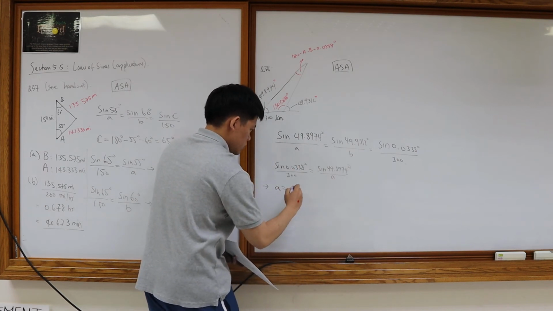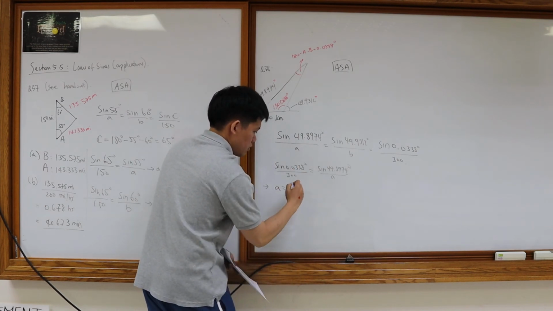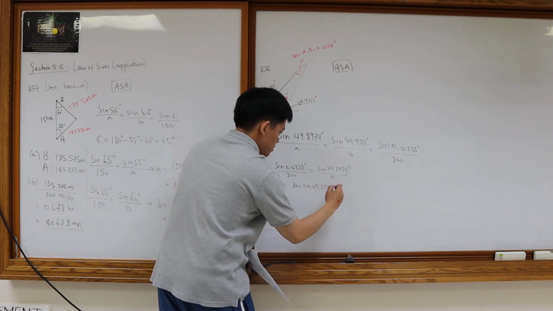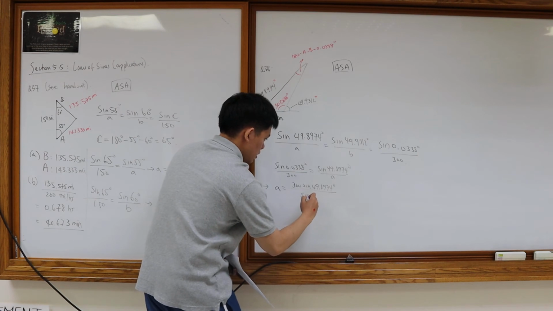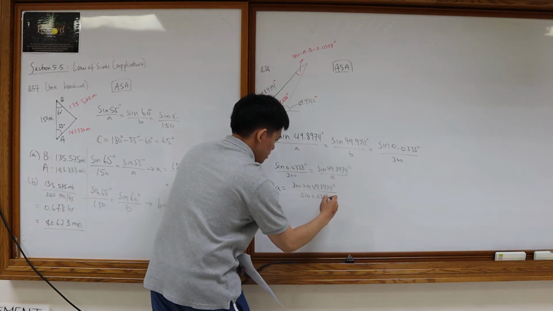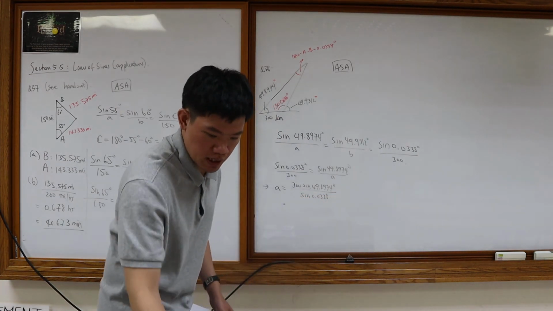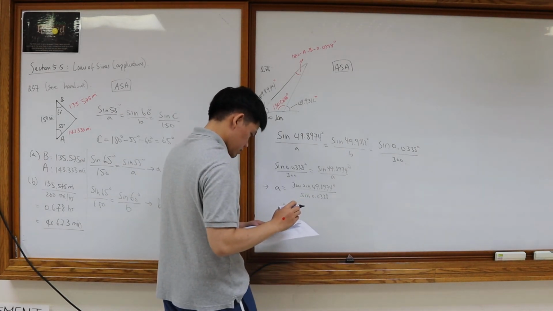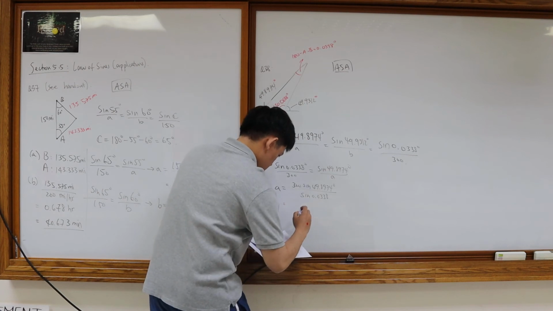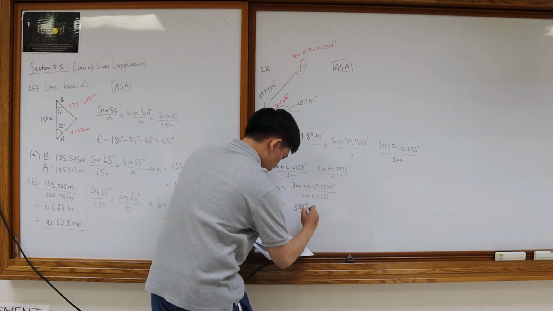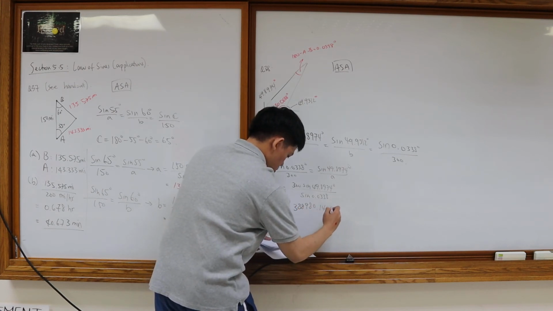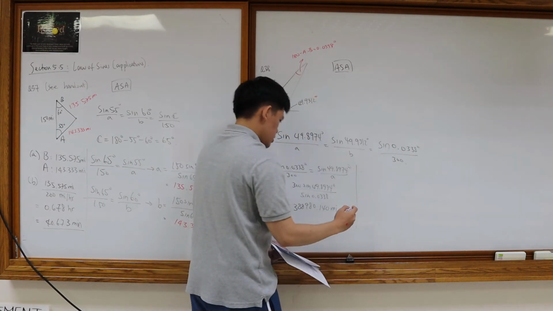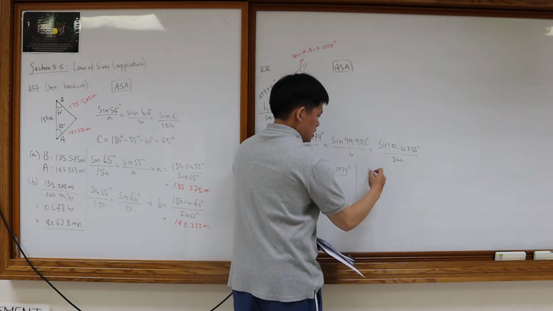So A is equal to 300 sine of 49.8974 degrees divided by sine of 0.0338. Okay, so this number comes out as, make sure I have the right one, we get 388,980.140.